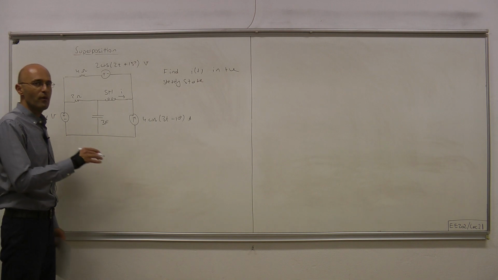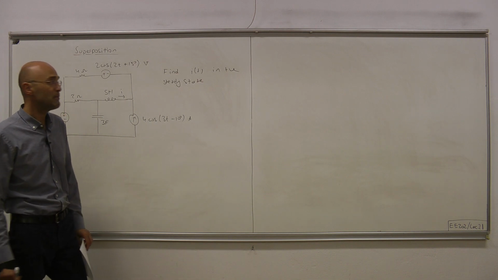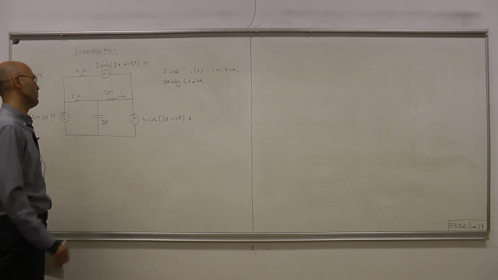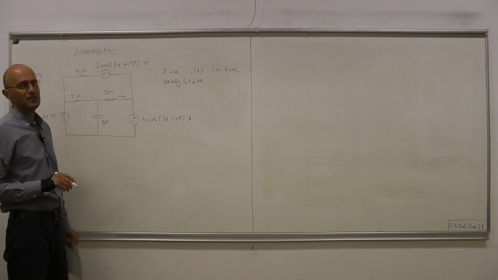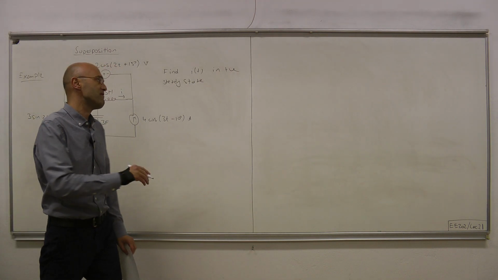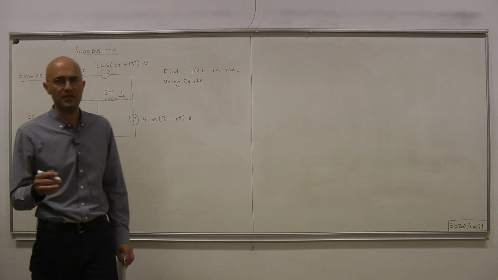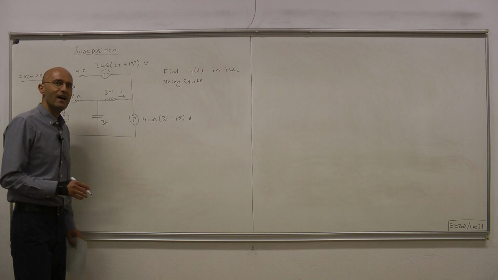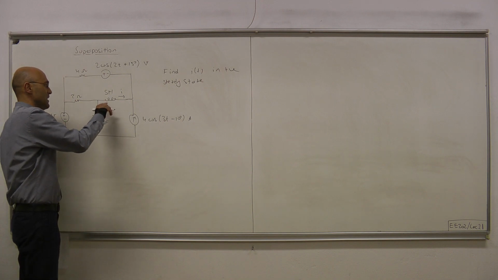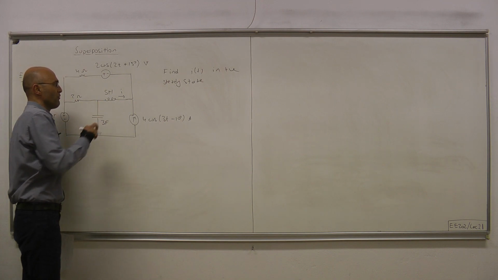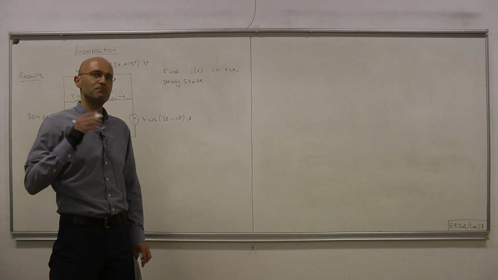But if you attempt to do that, you will immediately run into the following problem. Here we have an inductor of 5 Henry, and in the phasor domain circuit it will be represented by an impedance that equals j omega L. Now the question is, what is the impedance of this inductor?